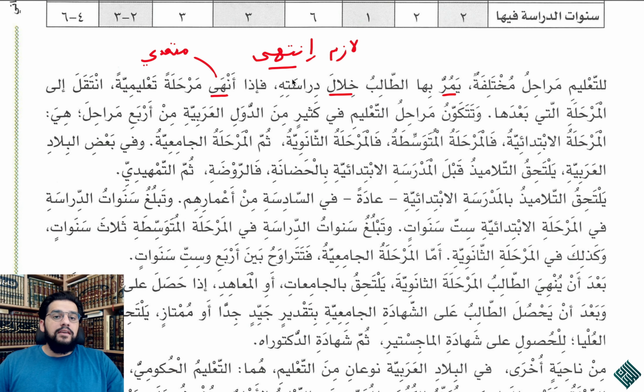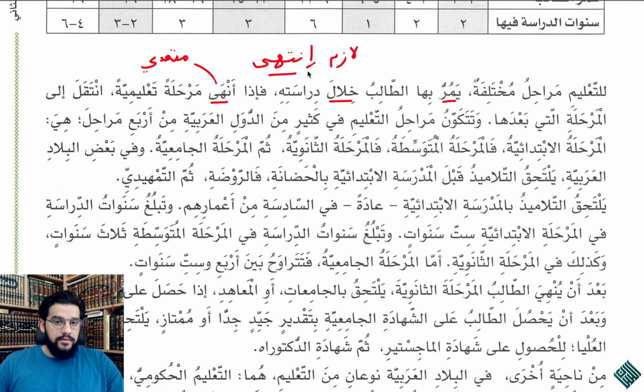However, if I wanted to use انتهى and I wanted to use an object after it as well, I would have to use a preposition between the two things. So انتهى في, sorry, not في. My bad, it's min actually. انتهى من. If I say انتهى من together, that would be very similar to saying أنهى.